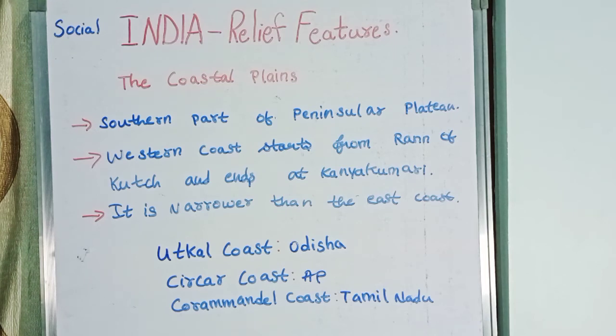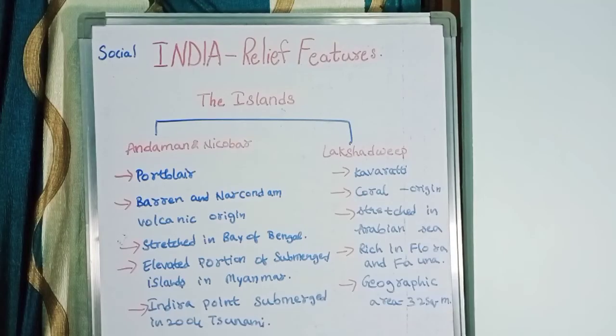Next we will go to the islands, which is our last and final topic of this chapter. In islands, there are the Andaman and Nicobar Islands and the Lakshadweep Islands. For the Andaman and Nicobar Islands, the capital is Port Blair, and Barren and Narkondam are of volcanic origin.